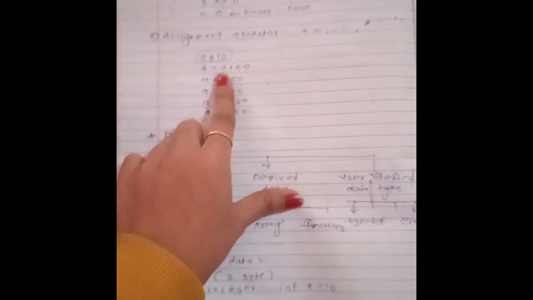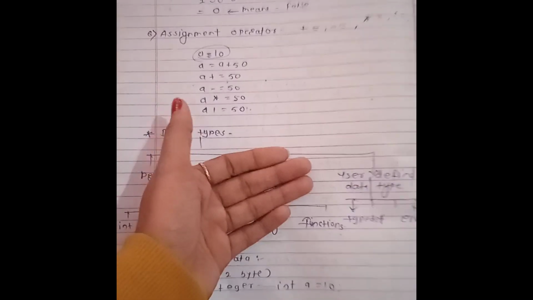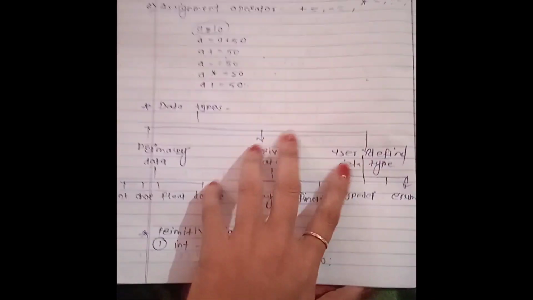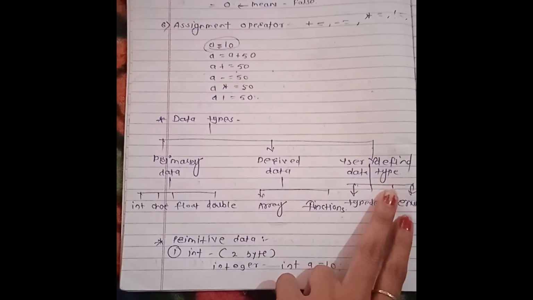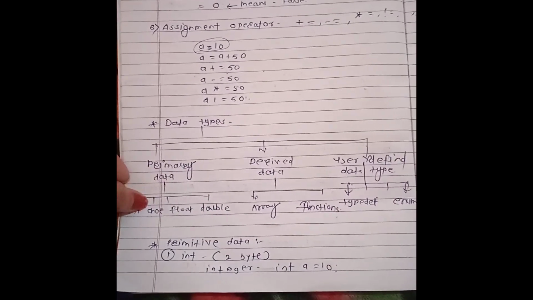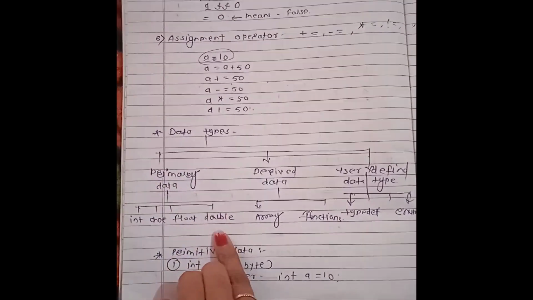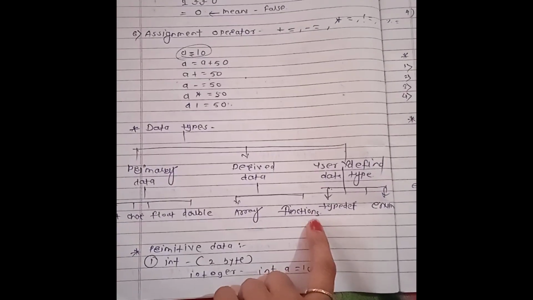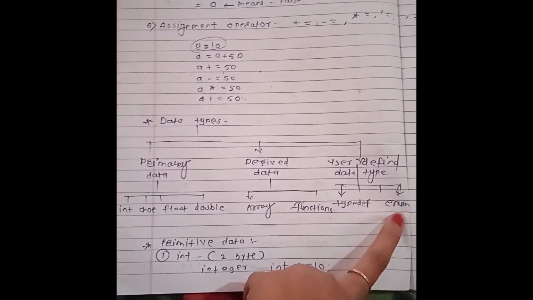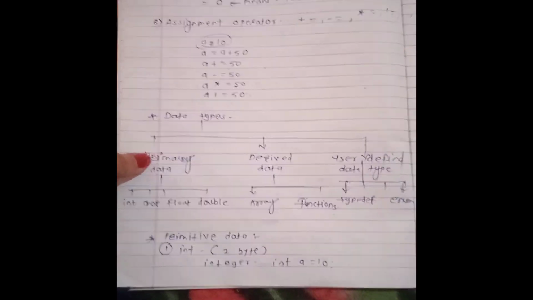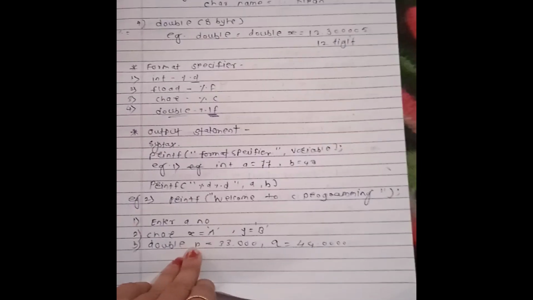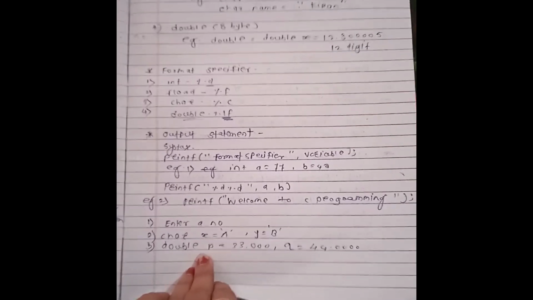Then the assignment operator is used to assign a value to a variable. Then data types are primary data, derived data, and user defined data types. In the primary data types: integer, float, char, double. In the derived: array, function. In the user defined: typedef and enum. We have already seen the primitive data types: integer, character, float, and double. Then the main concept we will see in the next lecture.